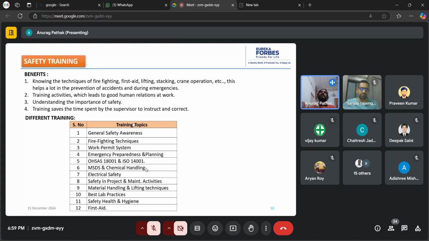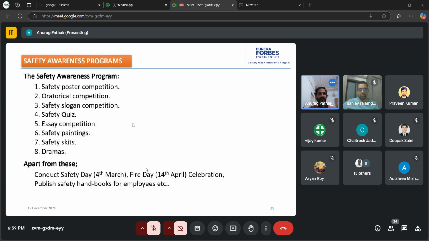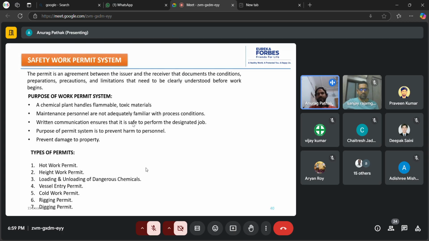These are the benefits of safety, because the company and all of us have to create the scenario that safety is very important for the growth of the organization, and in a safe manner as well. These are the programs we conduct, like the safety poster competition we held in the month of March, the month of fire, and the month of environment day, where we celebrate the same thing.